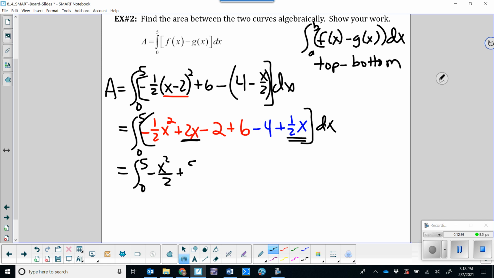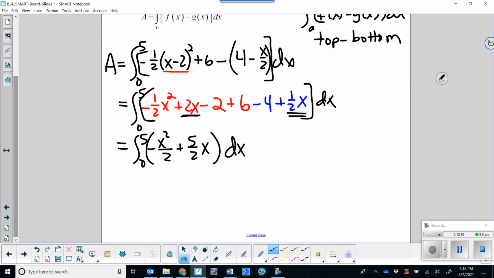So that would be 5 over 2 x. And then I have minus 2 plus 6 minus 4, which is 0. So obviously, this is much easier to integrate than it would be to do the original problem. So really important to remember, always do the algebraic simplification when you have many, many terms in there. So always simplify it and then go through the process, okay, and do this.